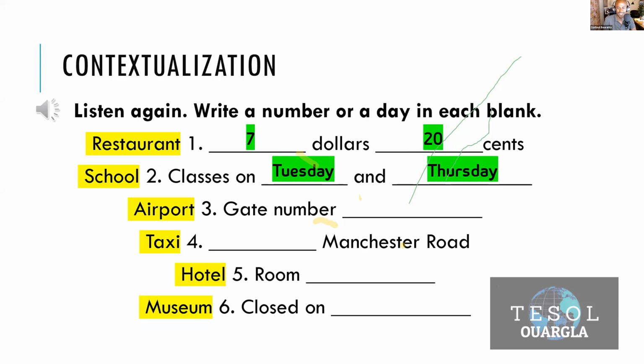JetBlue flight to Los Angeles is now boarding at gate number 9. Number, of course, 9. But if you gave them this right from the beginning and you said, try to get me the number, they're going to be anxious. And then when they don't catch it, they're going to be, number what was it? Why?